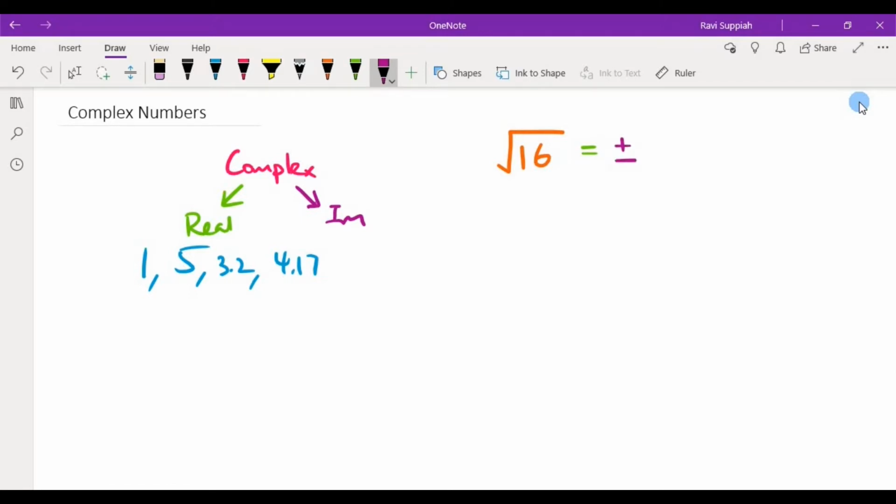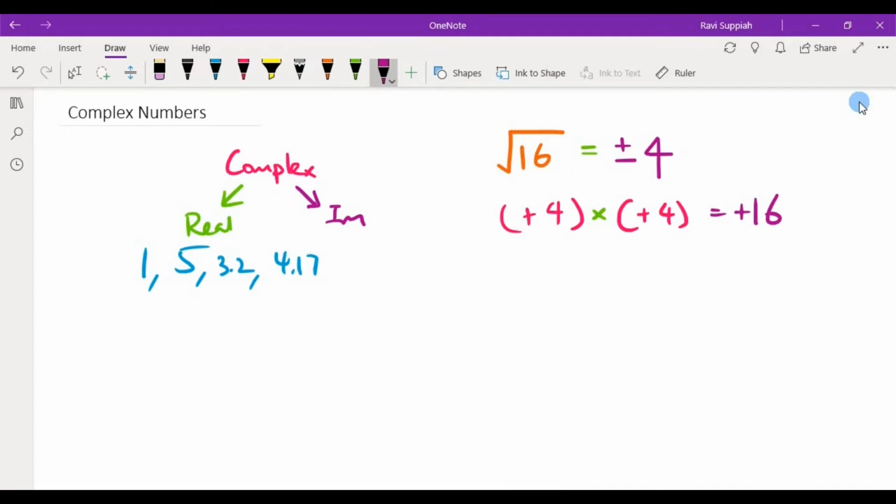In this case, the answer will be 4. Why do we write plus minus 4? Because we know that positive 4 multiplied by positive 4 would give me 16, or in other words positive 16, which is what we have here.